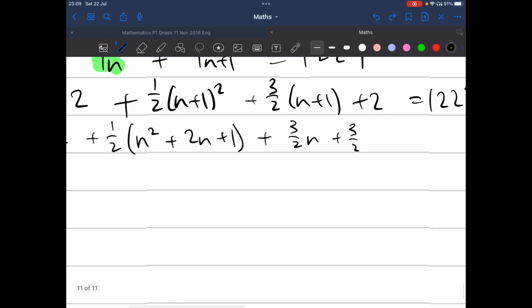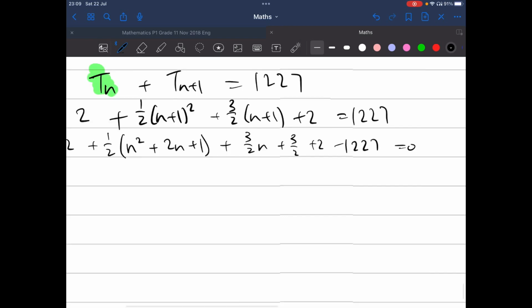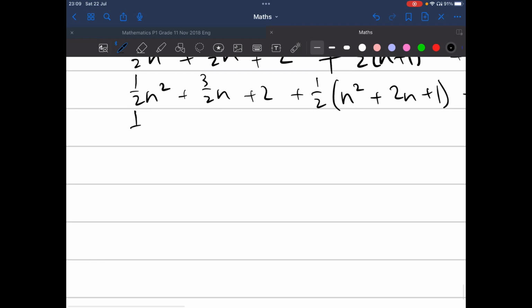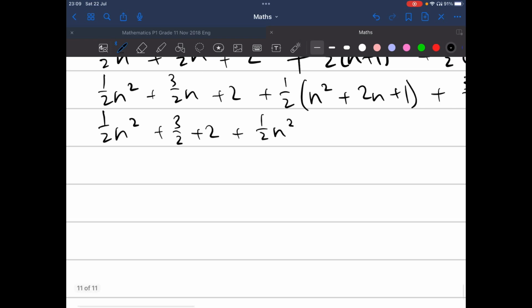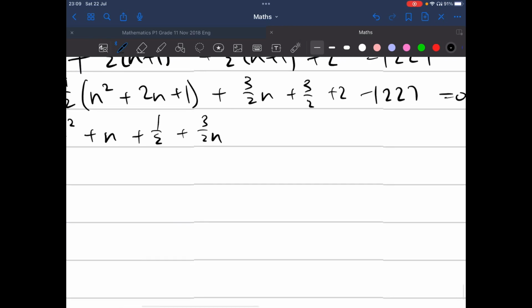Just multiply it into the brackets, plus 2, and then I'll bring this to the other side, minus 1227 equals 0. Okay, let's do this one more time. Let's just go through and open up these brackets. Okay, and you should be very careful not to make any errors, because it'll make the whole answer wrong.